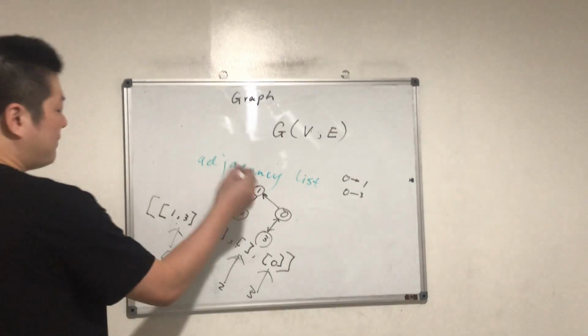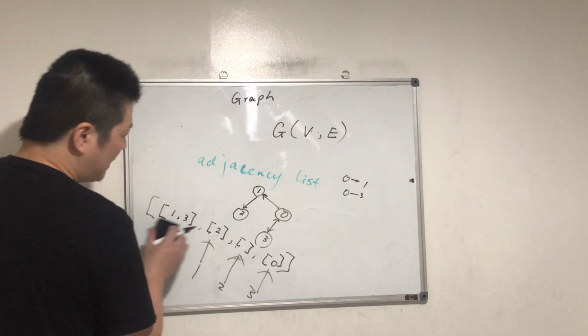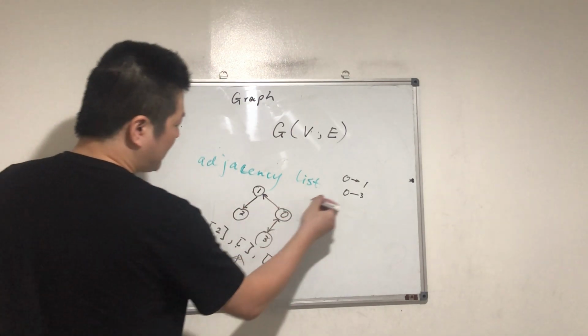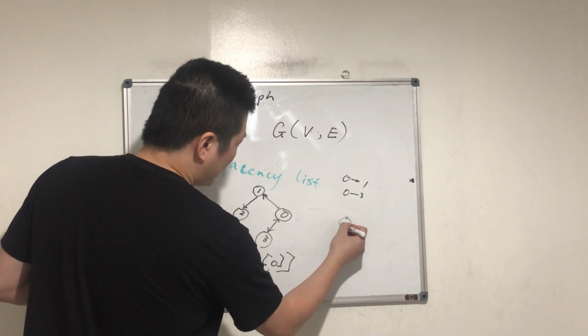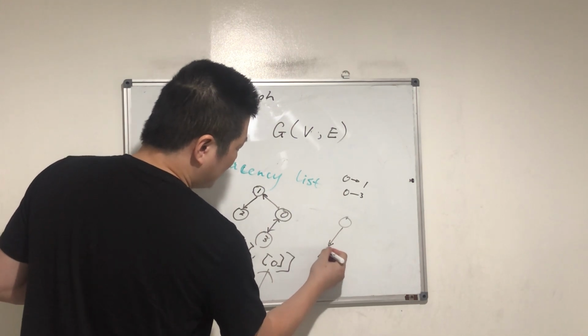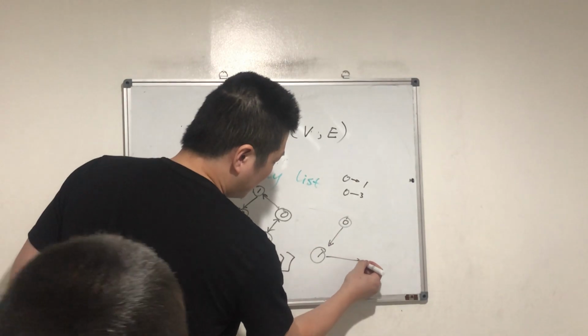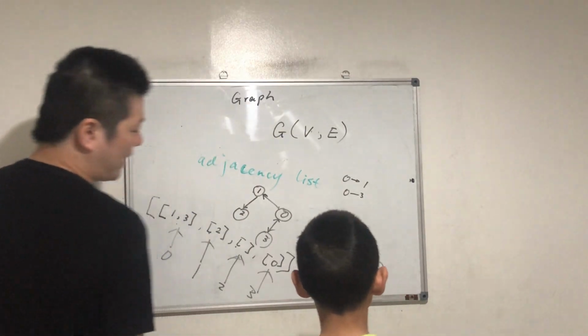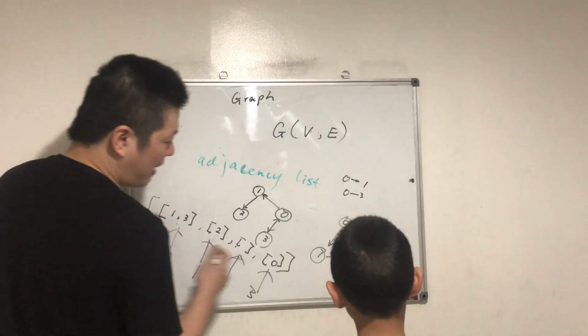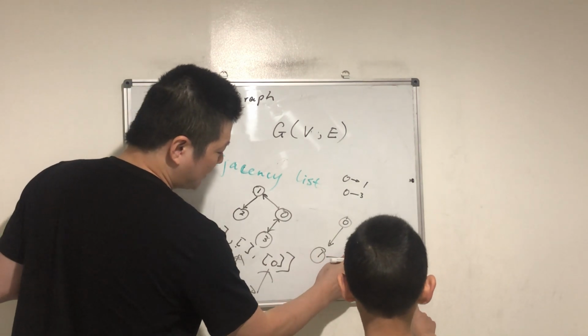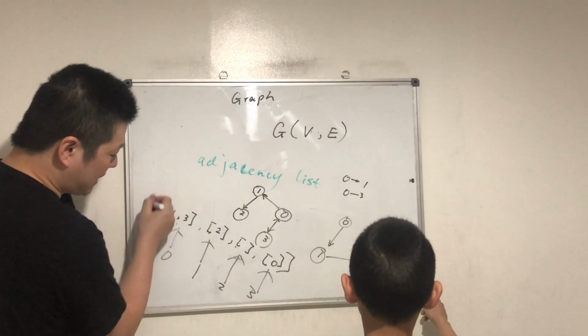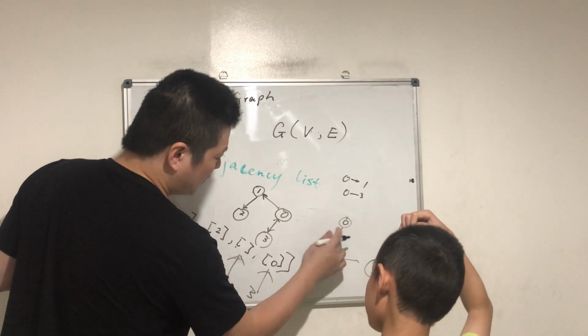So now look, if I give you this graph, maybe a simple one, 0 to 1, and 1 to 2, I give you a list, and I want you to reverse it. So you just need to represent it using this kind of syntax and then reverse the links.